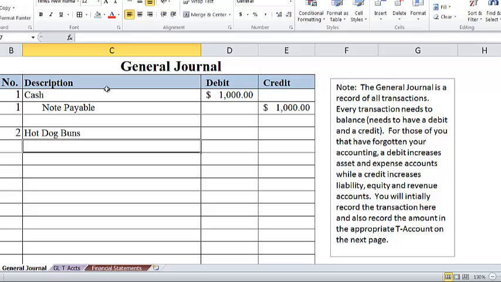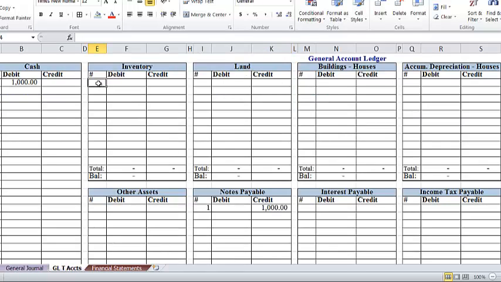Now I know that I'm spending my cash, so my cash is going to go down. So that's going to be a credit. Say the hot dog buns cost me $10. Now my hot dog buns are actually inventory. So for entry number 2, I know I have a debit of inventory of $10, and my cash goes down by $10.